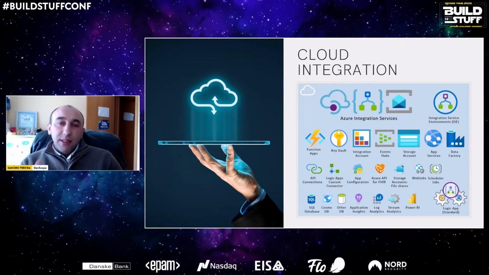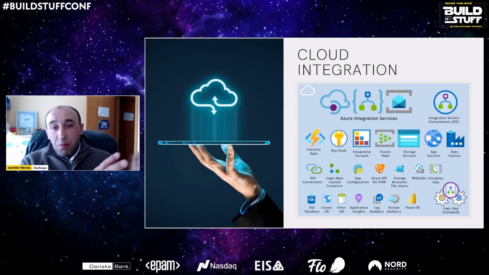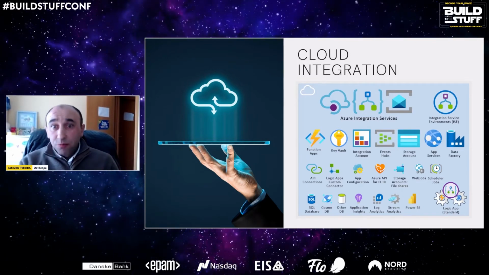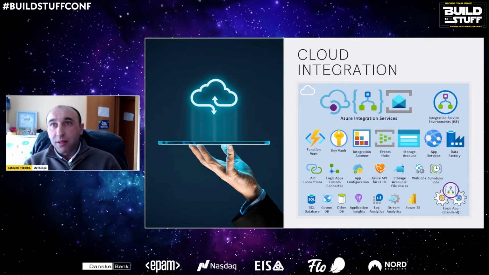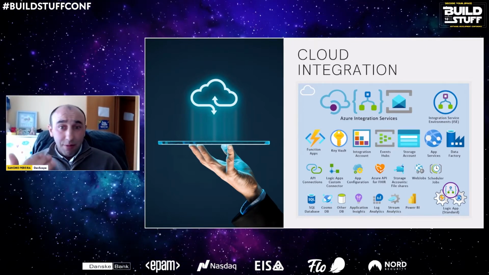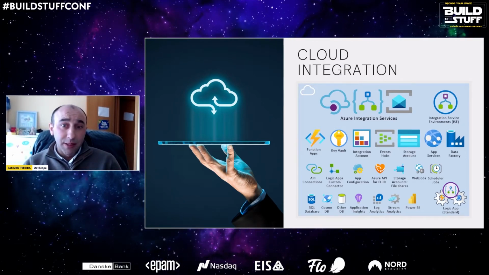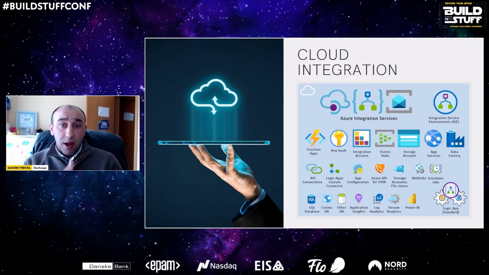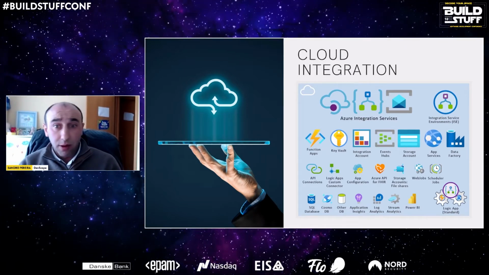Logic App Standard is a new Logic App type that appeared probably 3 or 4 months ago, or at least went into go-live 3 or 4 months ago, and it can run everywhere. It can run on Azure, in an app service, on Docker or Kubernetes, or in another cloud provider if you want, okay?